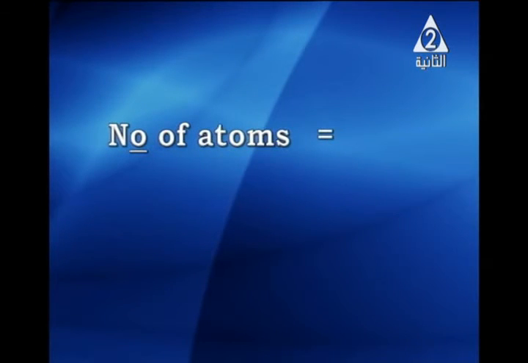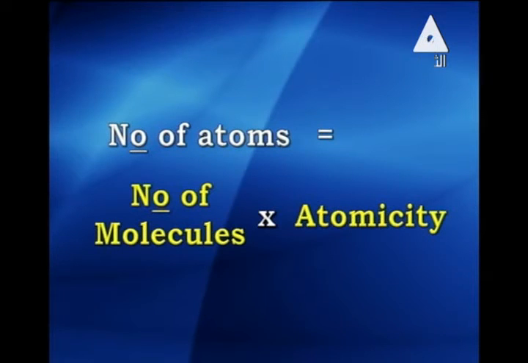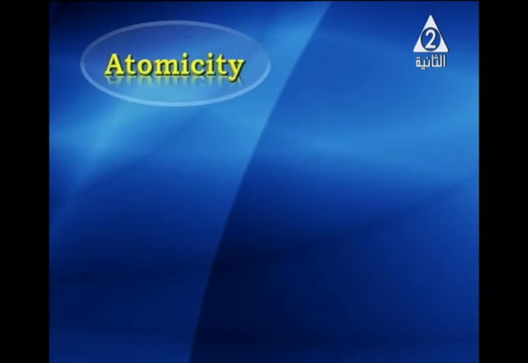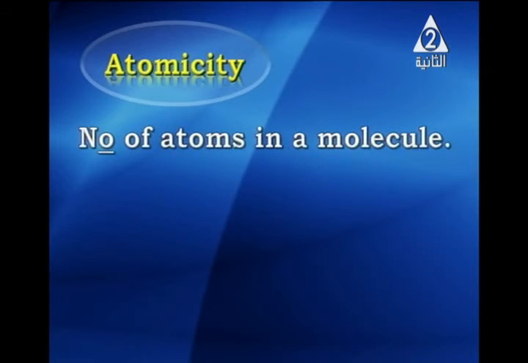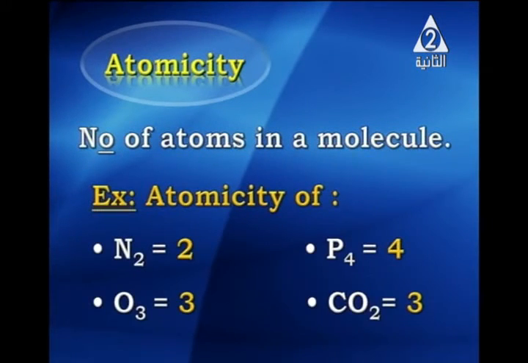To get the number of atoms, we have to multiply the number of molecules times the atomicity. Here the atomicity means the number of atoms in the molecule. So the atomicity of nitrogen molecule N2 equals 2, ozone O3 equals 3, phosphorus in vapor state P4 equals 4, carbon dioxide equals 3 atoms.